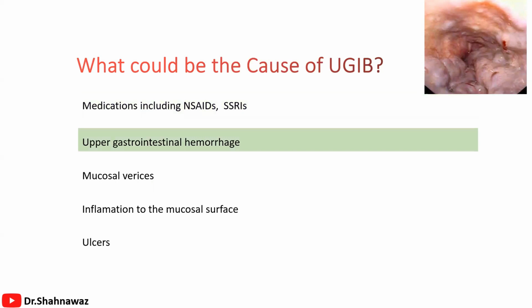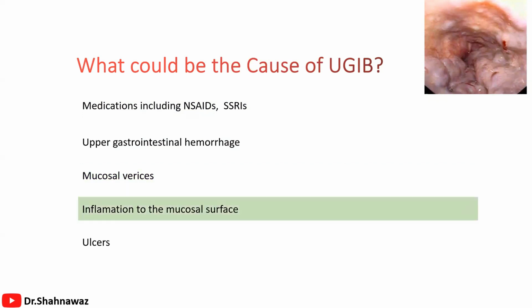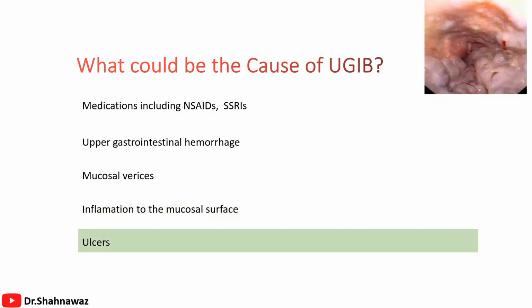And sometimes there is hemorrhage to the mucosal surface of the upper GI tract, and the submucosal veins are dilated in the mucosal varices. We see that the mucosal surfaces are inflamed due to some infection or due to use of NSAIDs as discussed above. And finally the ulcers, where there is damage to the inner lining of the esophagus, the stomach, or the duodenum.